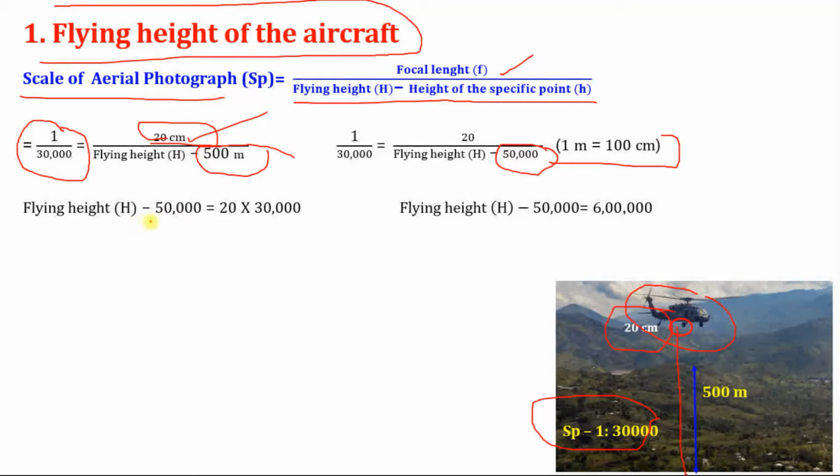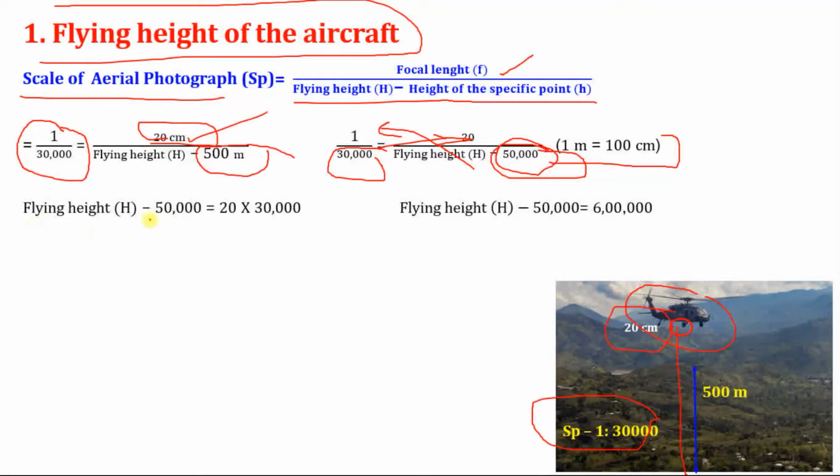So 500 into 100 is equal to 50,000. Then flying height minus 50,000 is equal to 20 into 30,000. Why? Because 50,000 is on this side and 30,000 is on the other side. If you shift position from one side to the other, the sign of both numbers changes.